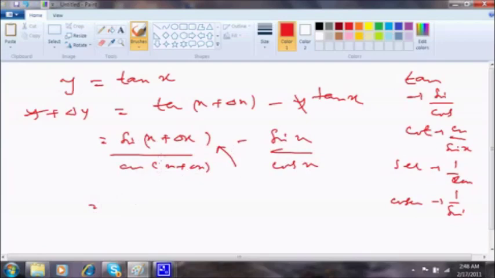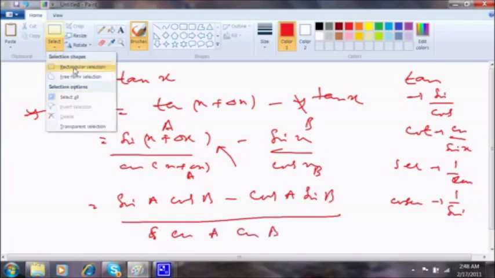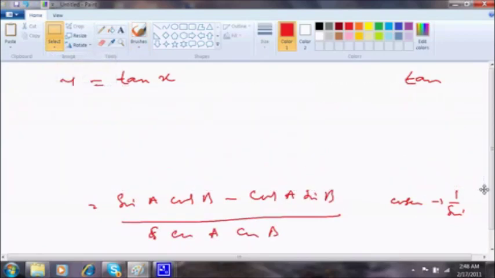So cross multiplying and taking this as a, this as b, this as a, this as b, what I'm getting is sine a cos b minus cos a sine b divided by cos a cos b. Now sine a cos b minus cos a sine b is sine of (a minus b).